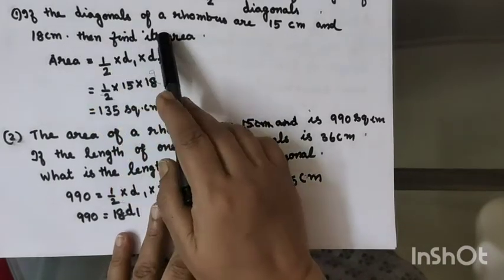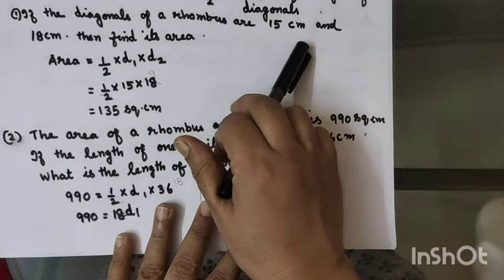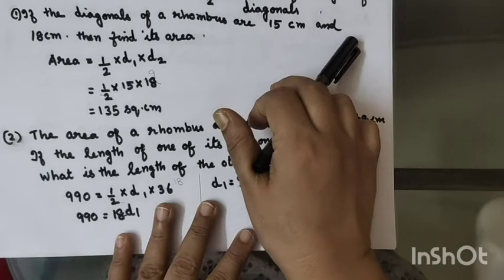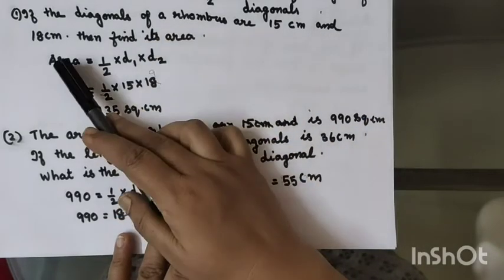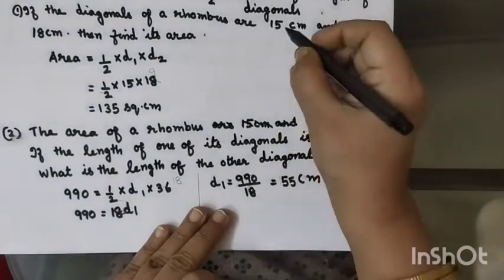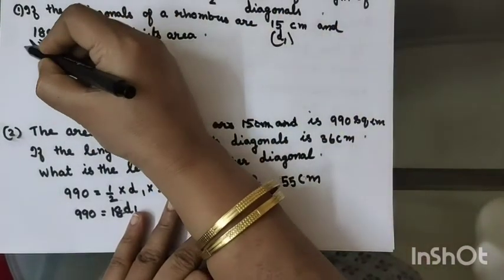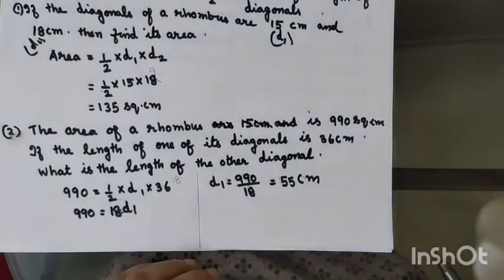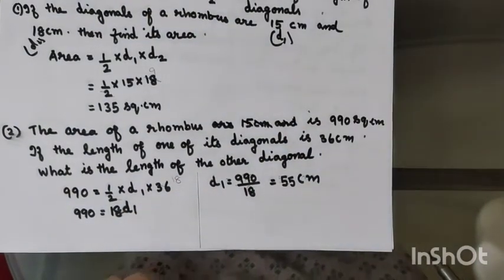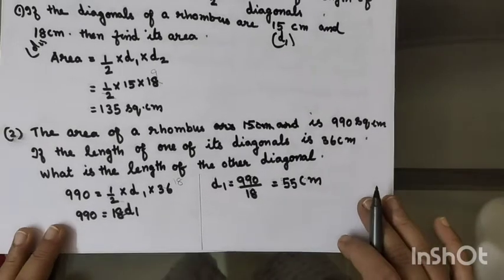If the diagonals of a rhombus are 15 centimeter and 18 centimeter, so the diagonals are given, D1 and D2. Then you have to find the area.